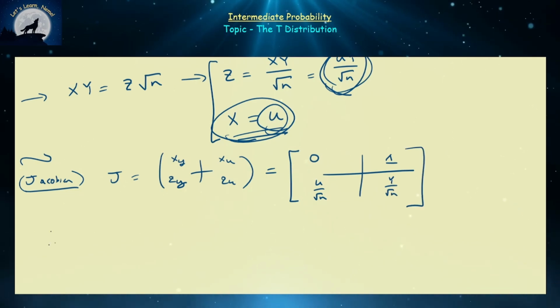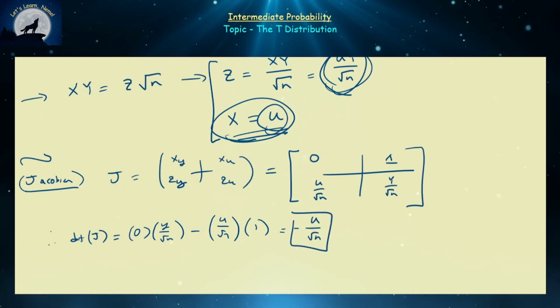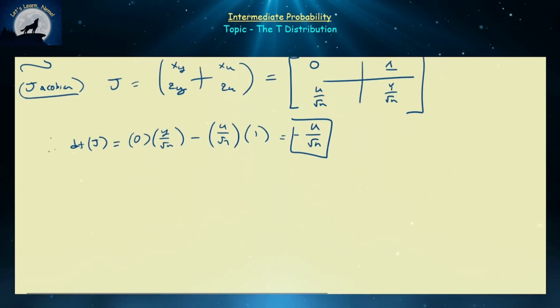Right? So therefore, the determinant of the Jacobian matrix is going to be equal to what? That's going to be 0 times y all over the square root of n minus u all over the square root of n times 1. And that's going to give us minus u all over the square root of n. And that's going to give us our Jacobian. All right? So once we have our Jacobian and our transformations of variables, then we can say the following via the change of variables theorem.